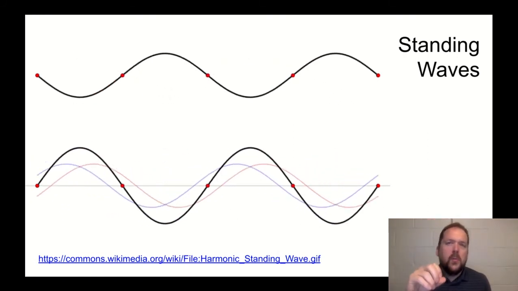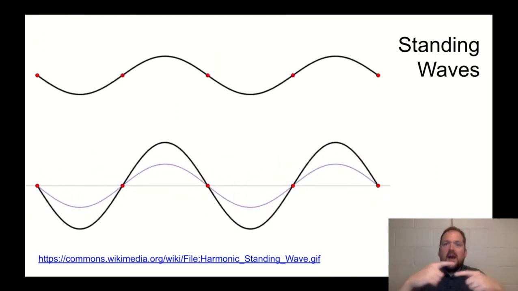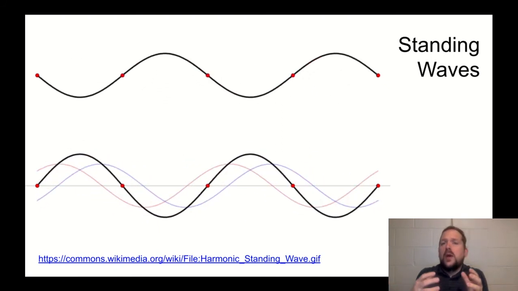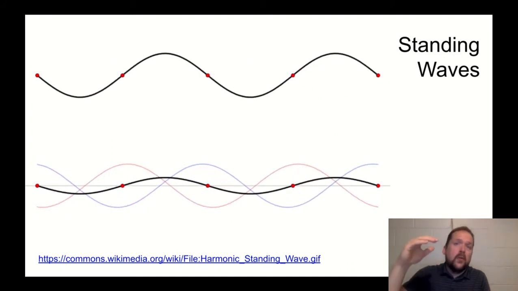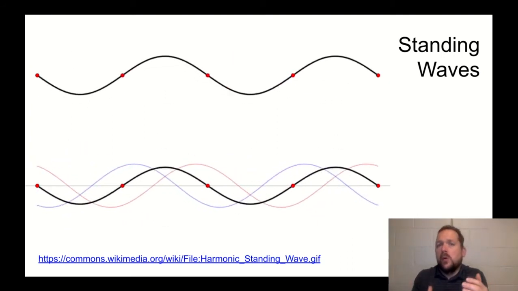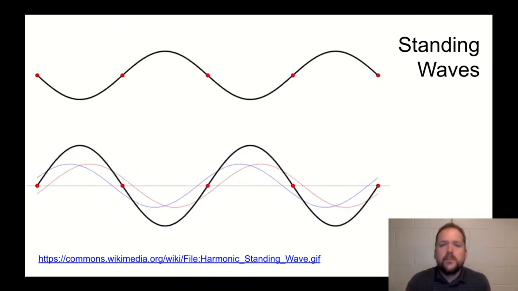So fundamentally, we produce a standing wave pattern when we send wave pulses at each other in opposite directions along a string, and those waves either add together constructively, making a larger overall motion of the medium, or destructively, where they are partially or completely canceling each other out.